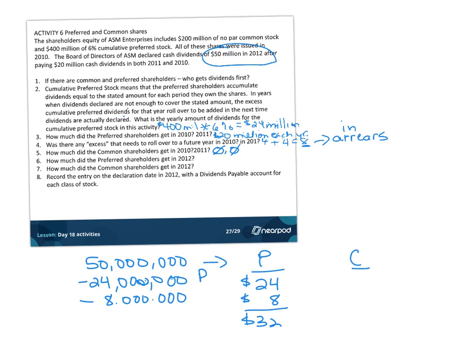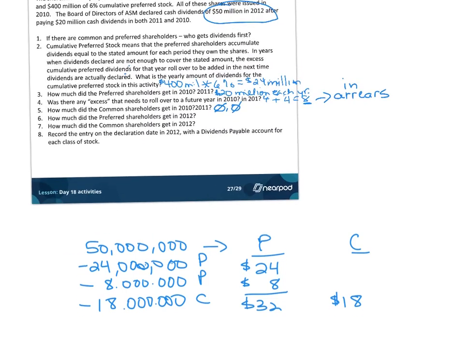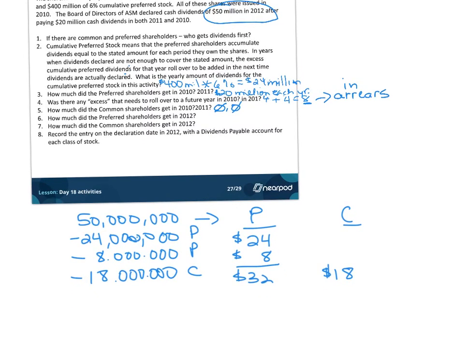Once they have gotten their share, the rest is going to go to the common. Okay, so that's how it's going to be split. The 50 million, it's going to go 32 million to preferred and 18 million to common.